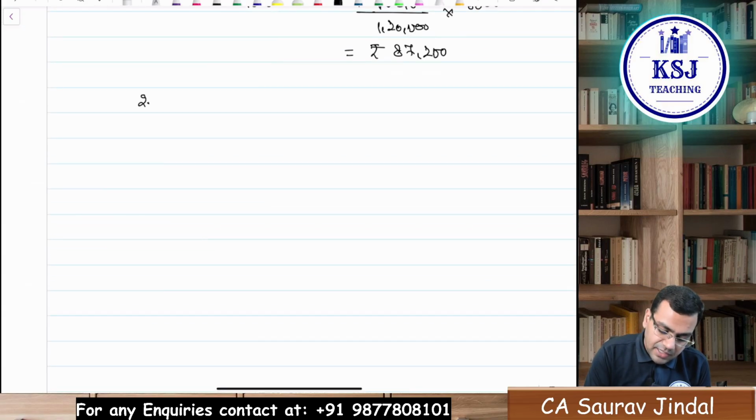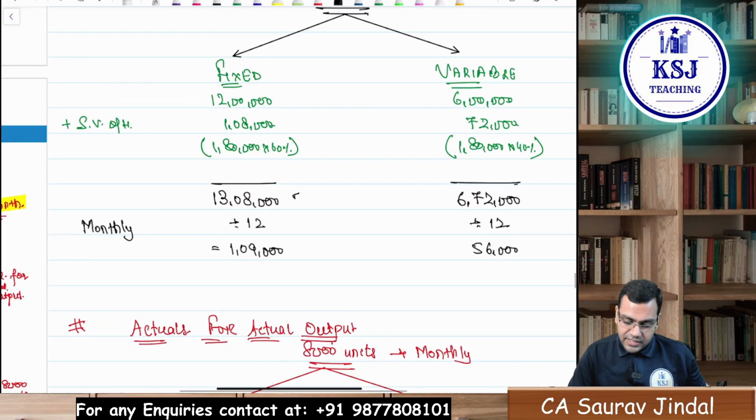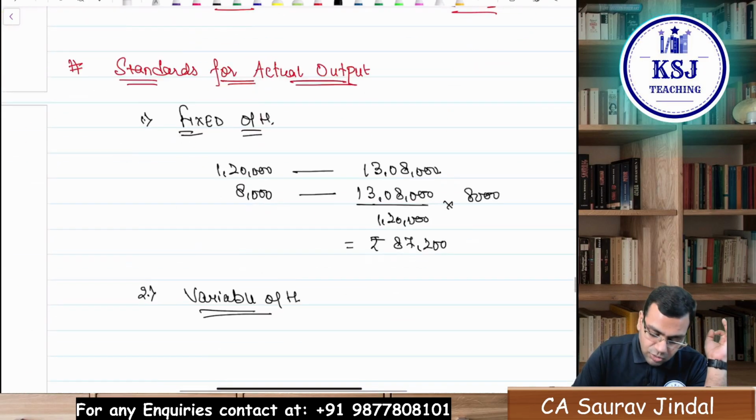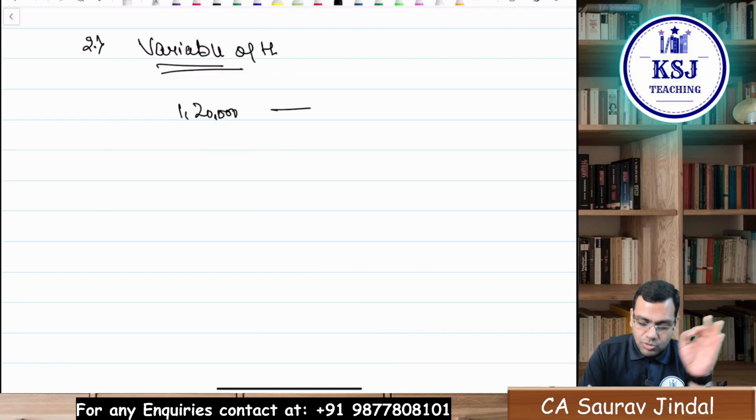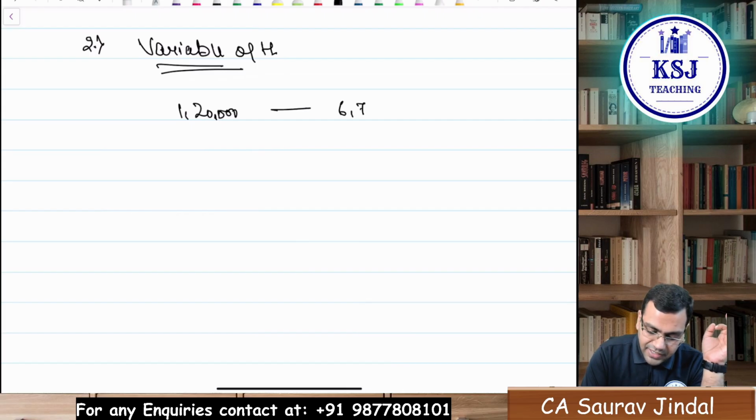Similarly, we can calculate for variable overheads also. Variable overheads are 6,72,000. So for 1,20,000 units, that is your standard output, your cost is 6,72,000. What we need is for actual output, which is 8,000 units.